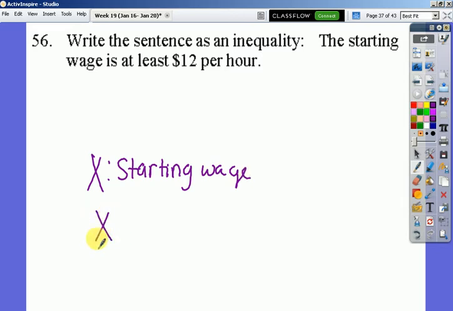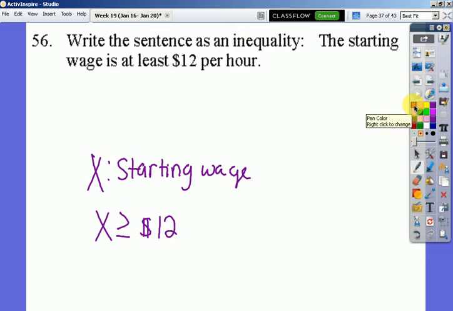So if s is our starting wage, at least then, what does that mean? Greater than or equal to $12 per hour. And this is a very important skill, especially if you take a sports statistics class. I was overhearing a lecture the other day and they were talking about at least, at most, no more than, and trying to understand all of those differences and which ones are saying the same thing.